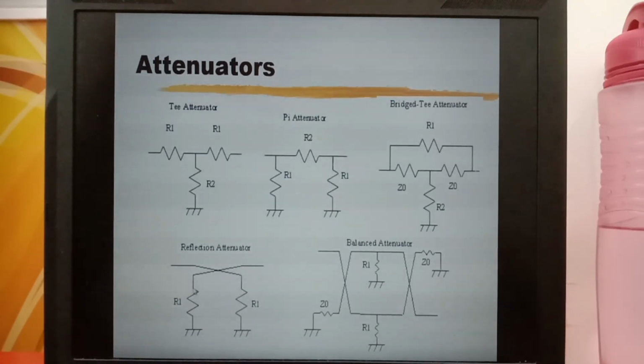The reflected signal is again split into two. Half of it will be shorted to ground by R1, and the other half will be added to the signal that is transmitted directly from the input to the output earlier.